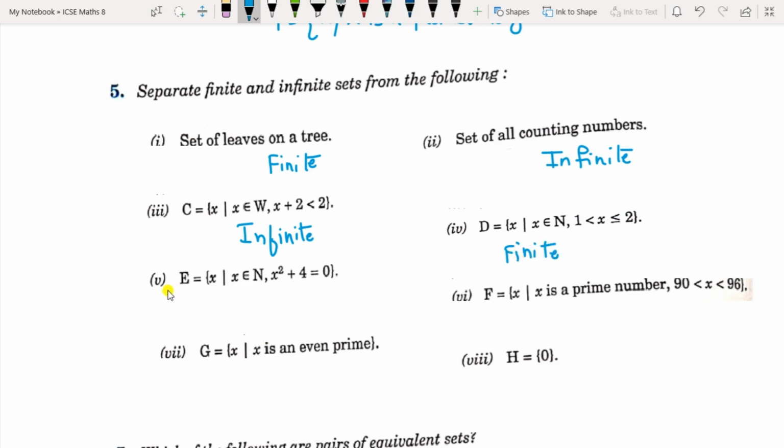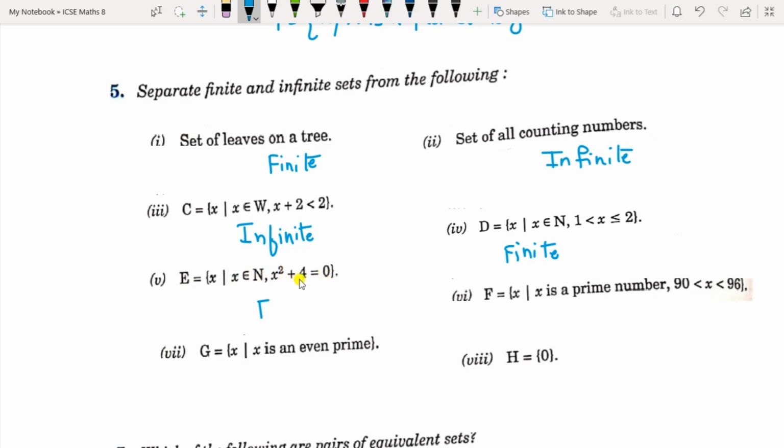Then E equal to x, x belongs to natural number, x square plus 4 equal to 0. Natural numbers whose square, if you write it here, then it becomes 0.